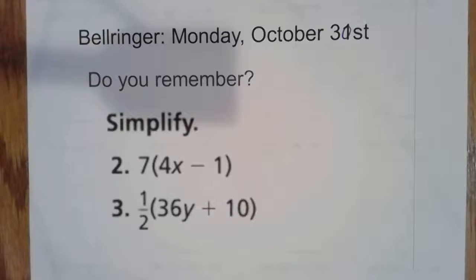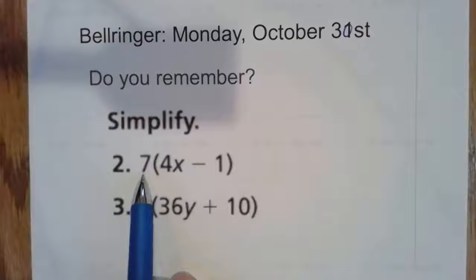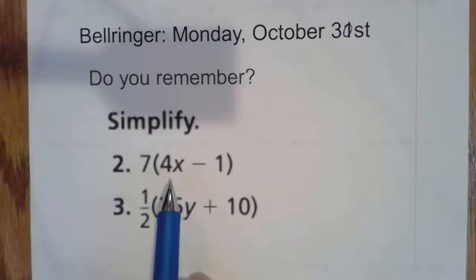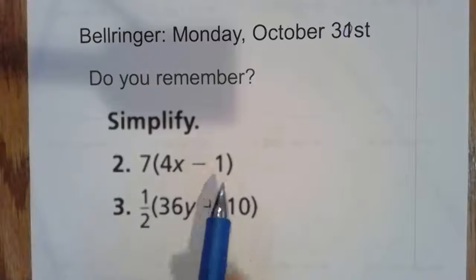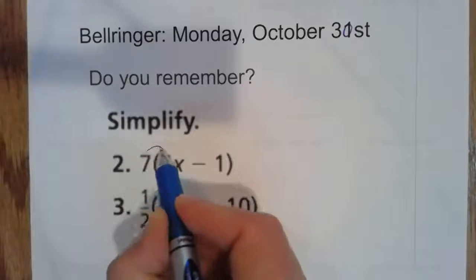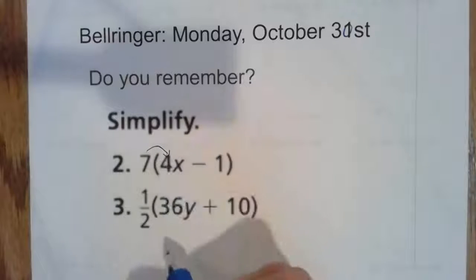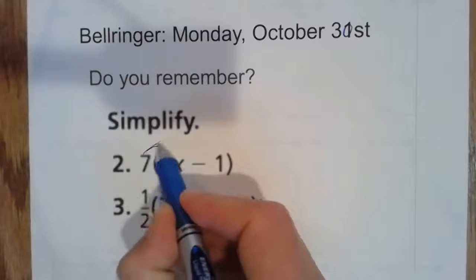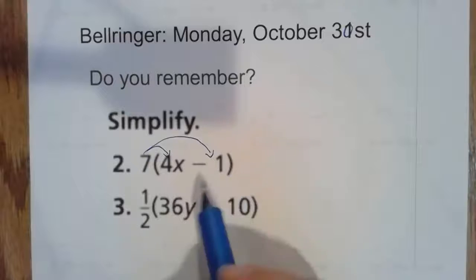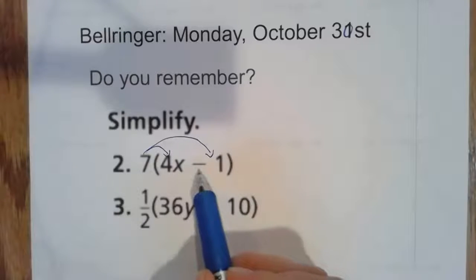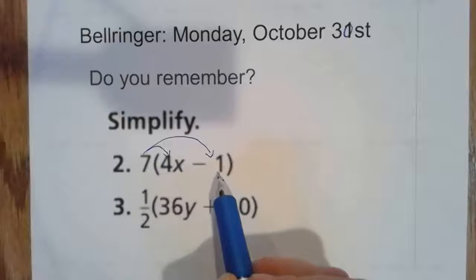Let's do problem 2. When I distribute, what does it mean? That means I'll distribute 7 to every number inside of the parentheses. How do I distribute? Well, parentheses mean multiply. So I'm going to multiply 7 times 4x, and then multiply 7 times -1. Please remember that the sign always goes with the number behind it, okay?